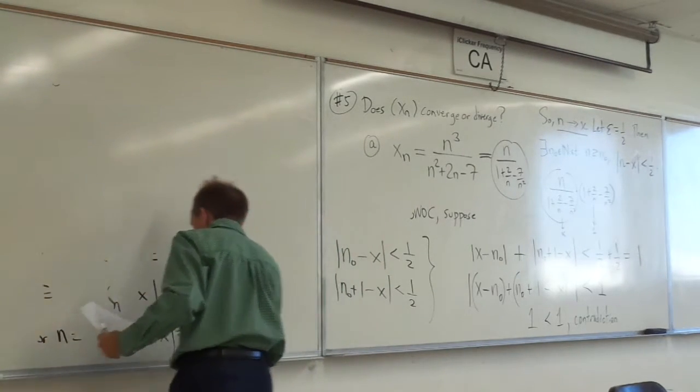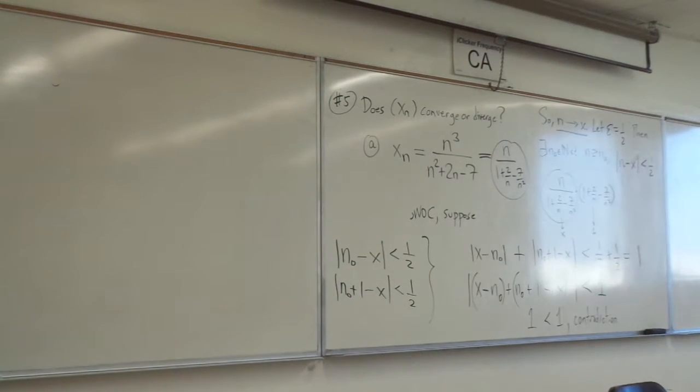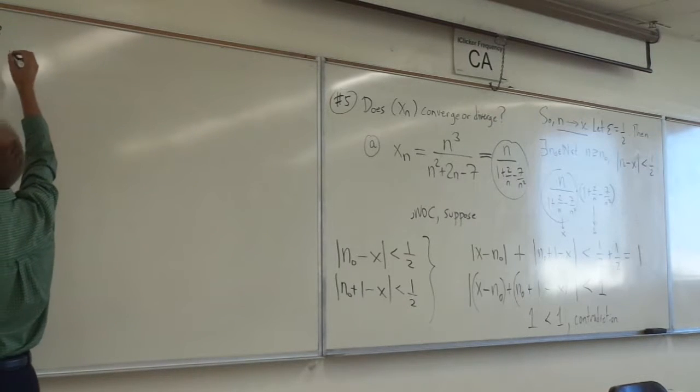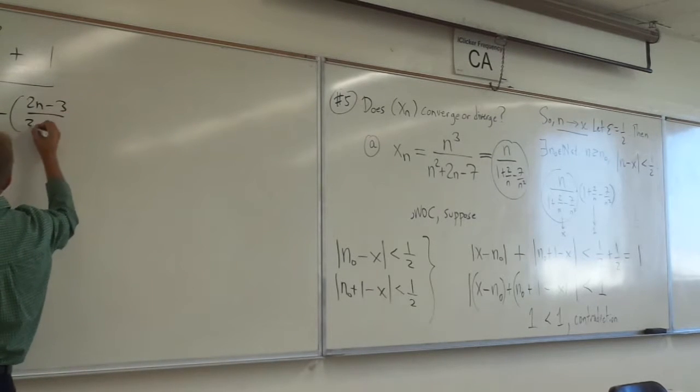Try one more example here. So let me do part B. So x_n equals ((2n minus 3 over 3n plus 5) all cubed, plus 1), all over 3 times (2n minus 3 over 3n plus 5) squared, minus (2n minus 3 over 3n plus 5).